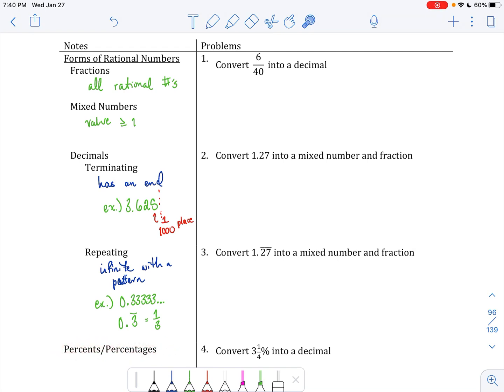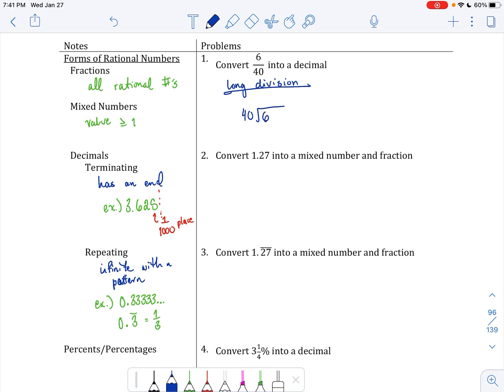So let's talk about decimals and fractions before we go down here to the bottom and talk about percents and percentages. So convert into a decimal. Now there is a strategy that will always work, like long division will always work. And then I'll show you a neat little trick that's helpful. So if you are asked to turn something into a decimal, you can always use long division.